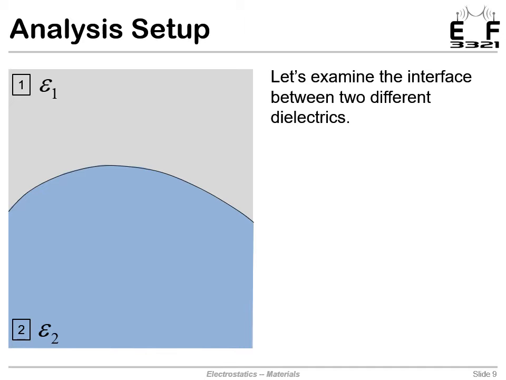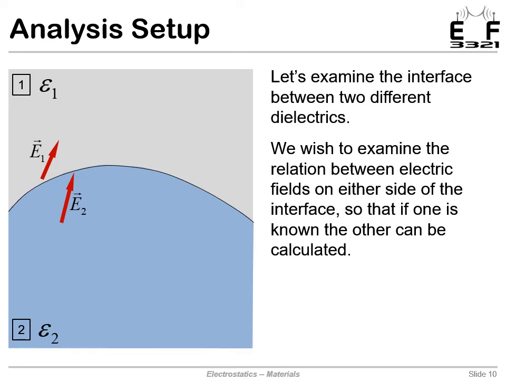So here's our setup. We have the interface between two different materials. I could have drawn this as a flat interface. I drew it as a curve because I want to convey this really applies. When we're talking about boundary conditions, normally we're talking about an infinitely small point along that interface. So on the first side, on the top side, we'll say this has a permittivity epsilon 1, and then the second medium will have a permittivity epsilon 2.